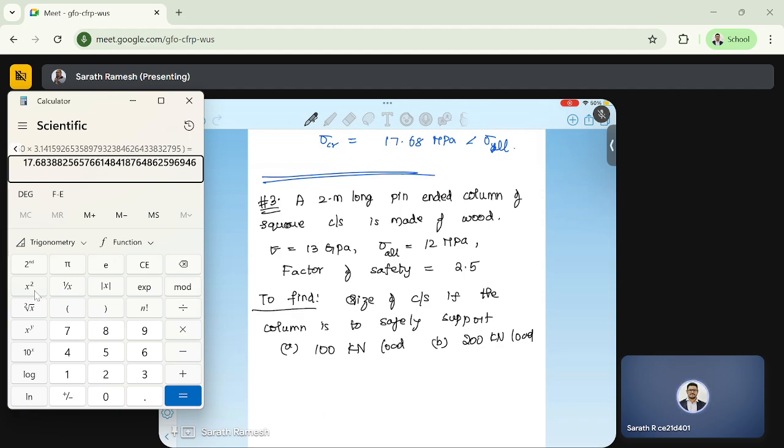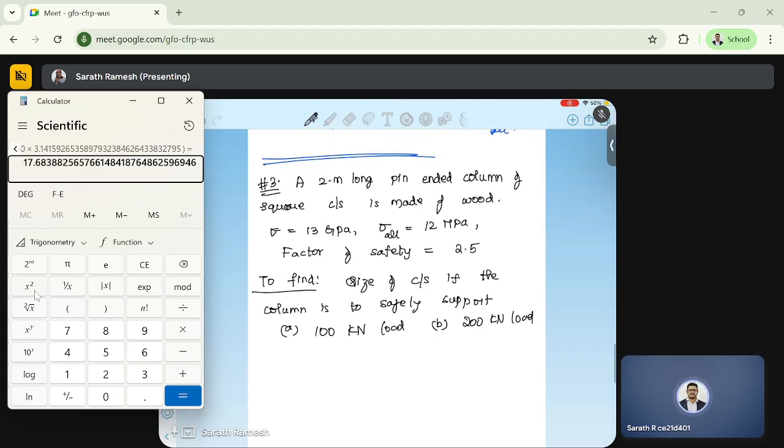Okay, so this is a question. I hope you'll be trying. It's similar to the previous question, but the only difference here is we have a factor of safety. So we have to be cautious in applying that to the critical load. Yeah, let's start.